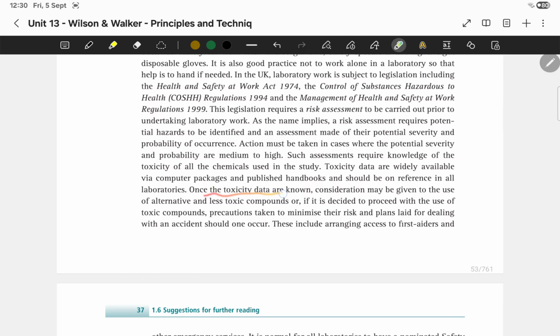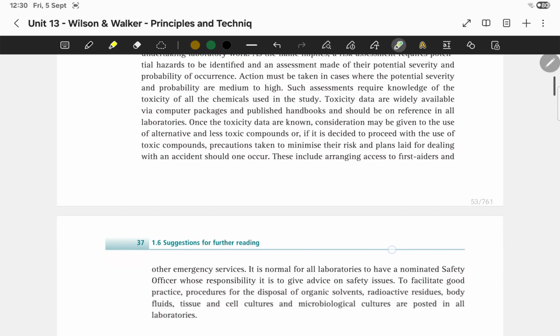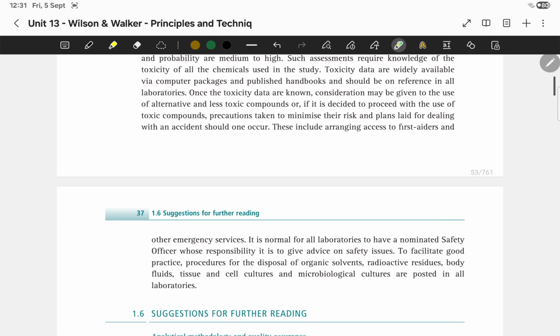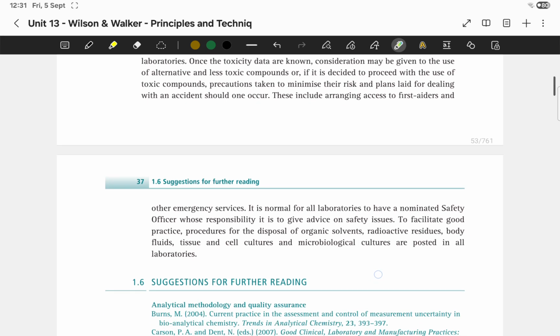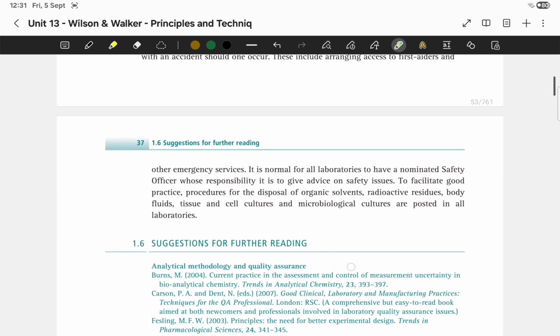Once the toxicity data are known, consideration may be given to the use of alternative and less toxic compounds, or if it is decided to proceed with the use of toxic compounds, precautions taken to minimize the risk and plans laid for dealing with an accident should one occur. These include arranging access to first aiders and other emergency services.